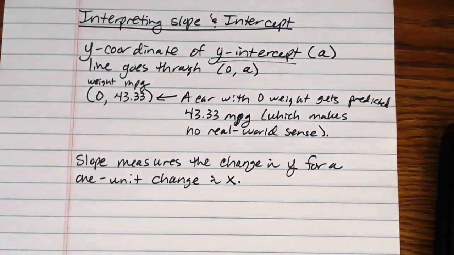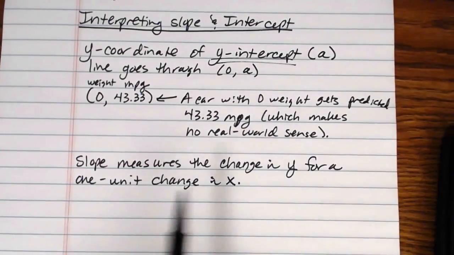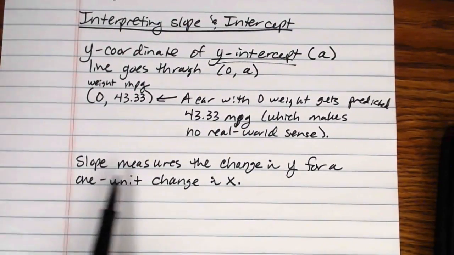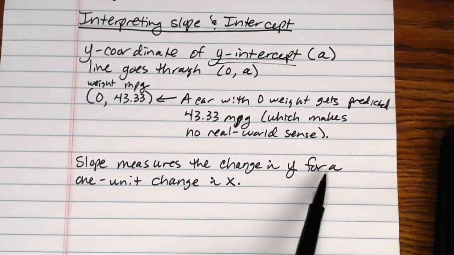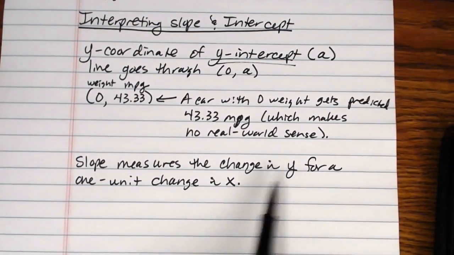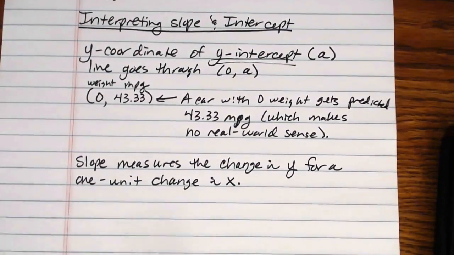Frequently you hear this referred to as rise over run. Rise is measuring the change in y, the change in the vertical. Run is measuring the change in x, or the change in the horizontal. So slope measures the change in y for a 1 unit change in x. Those of you who have taken calculus will recognize this as dy dx. So it's our rate of change here.